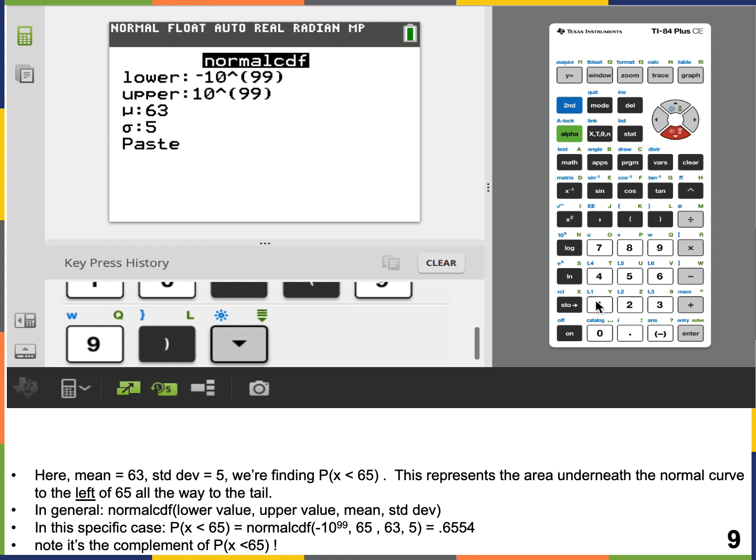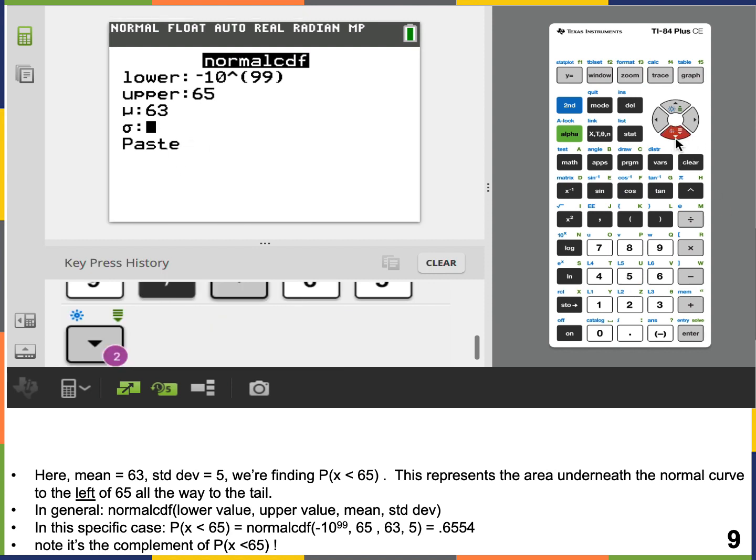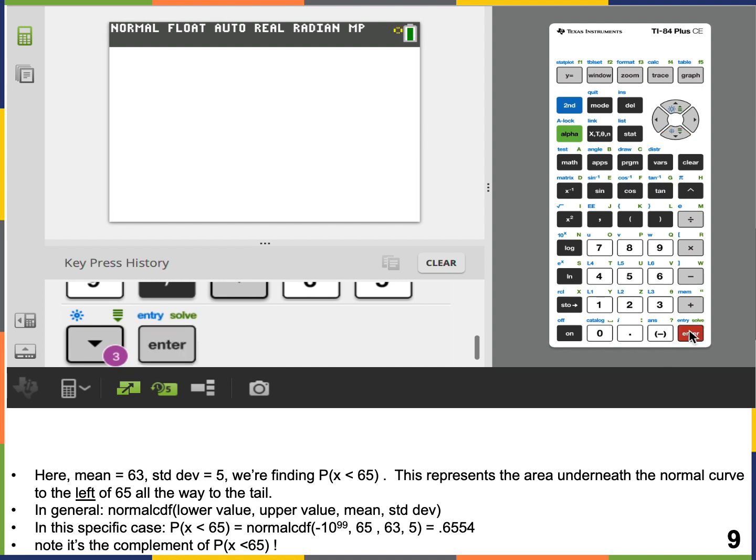The upper bound, the value that you need to stop at, is 65. Then 63 is our mean, and standard deviation is 5, so we're good there. Then you just hit paste, and boom, there it is.